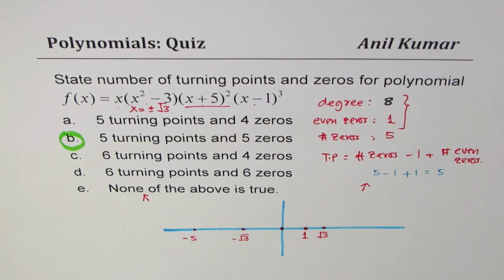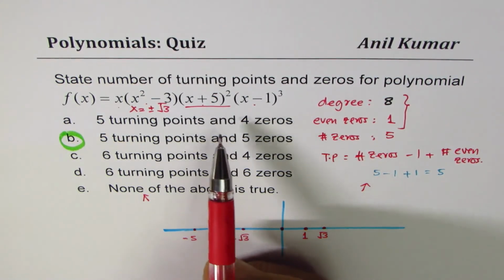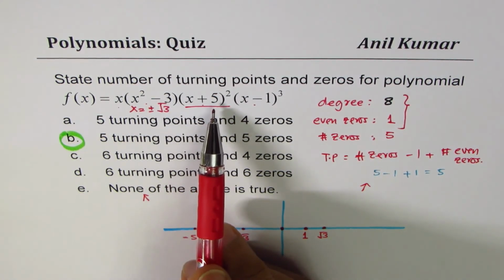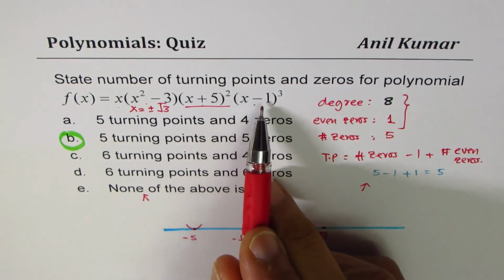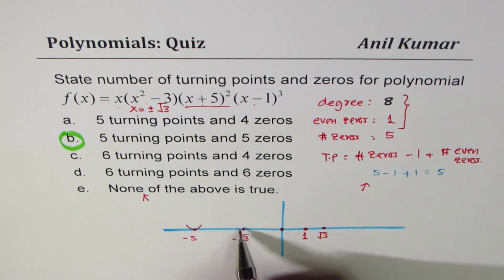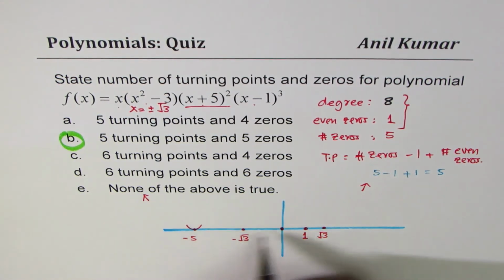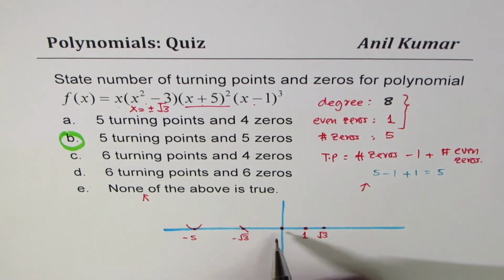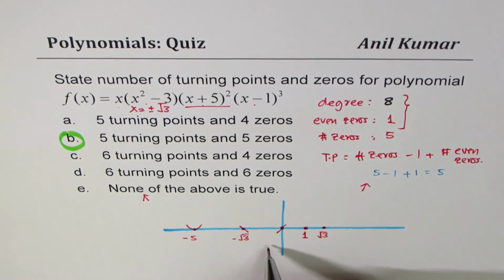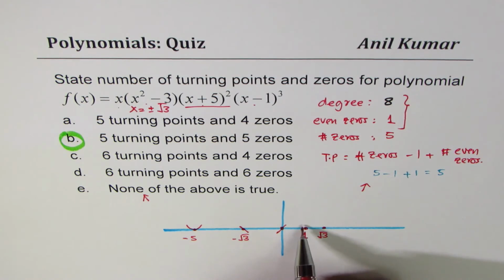So we'll also review our sketching fundamentals. The degree of only this one is even, which is at minus 5, so it is going to turn here. And then at 1 we have cubic, others are linear. So if I am moving from quadrant 2 to 1, I'll move like this. We are still in quadrant 2, linear zero, at x linear zero, at 1 cubic, right?